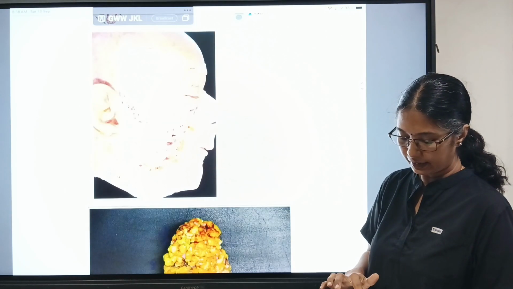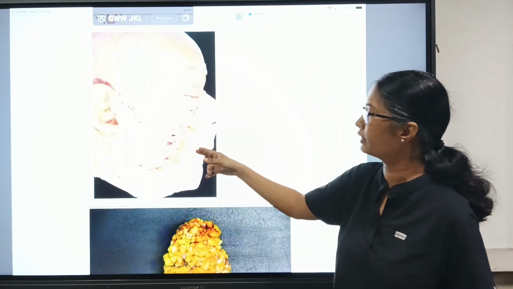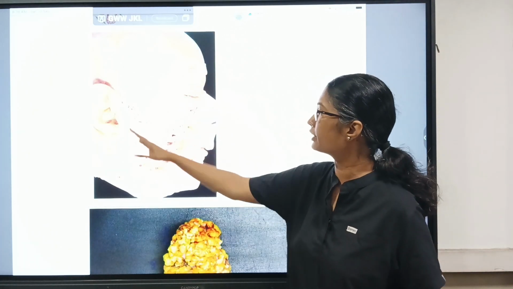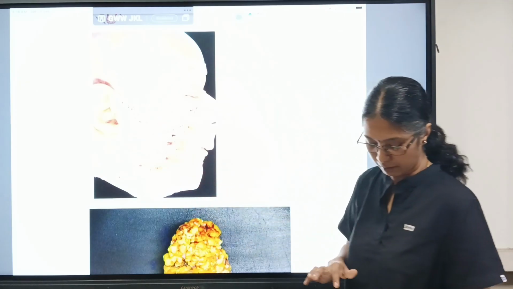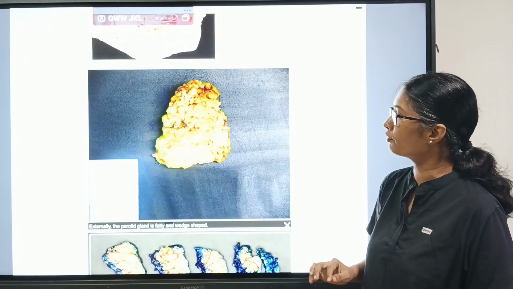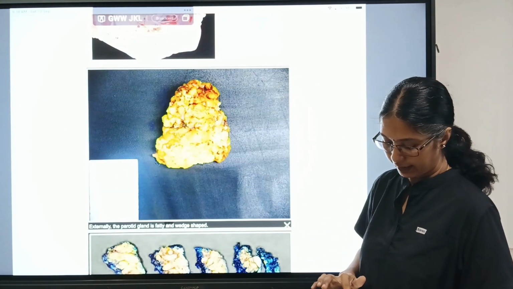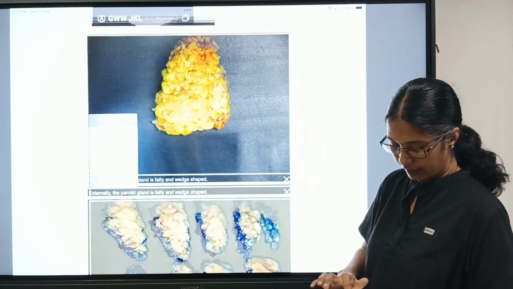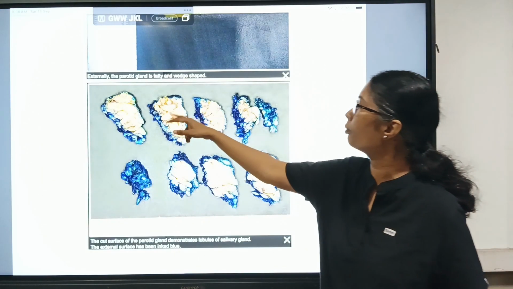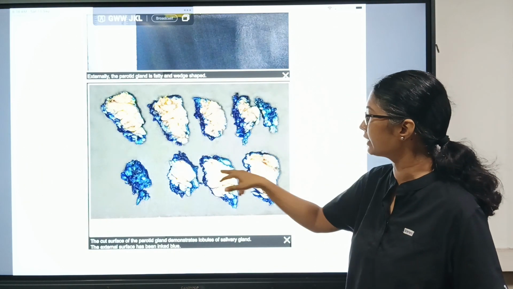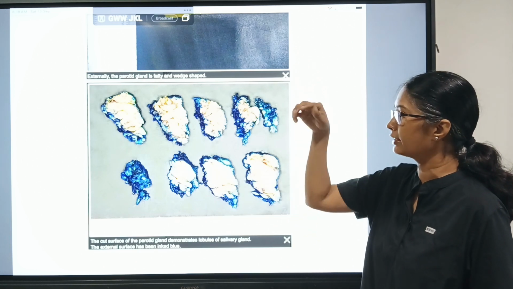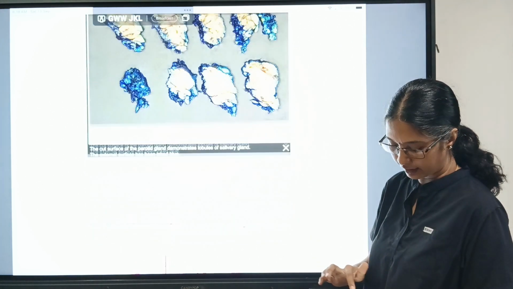I think I showed this picture of the anatomy of the parotid gland in relation to the mastoid process and the posterior part of the ramus, and this is the parotid gland as a whole. When they dissect this, we can see the lobular structures inside, how these salivary glands develop into lobules and then have the intercalated ducts.